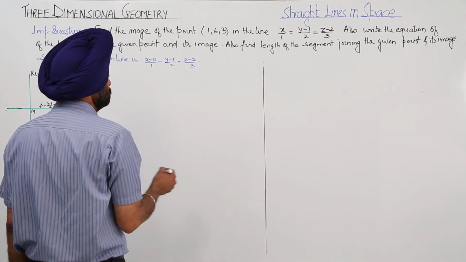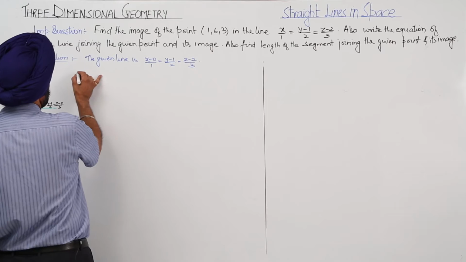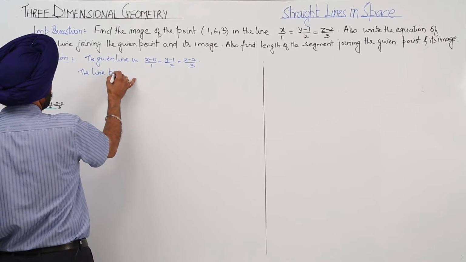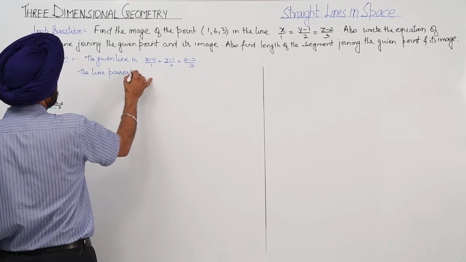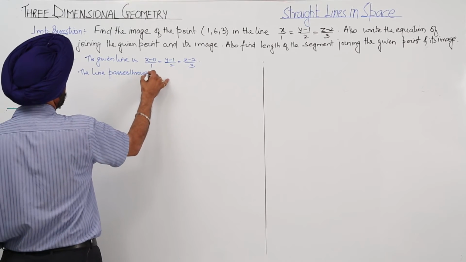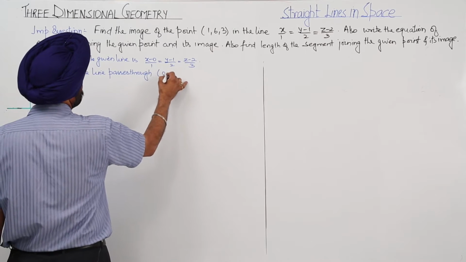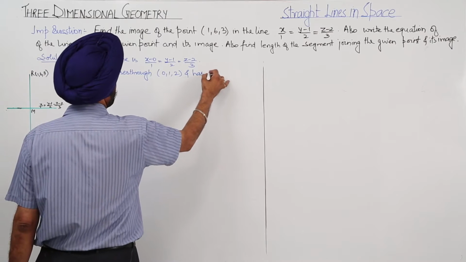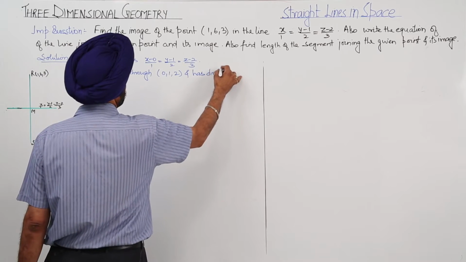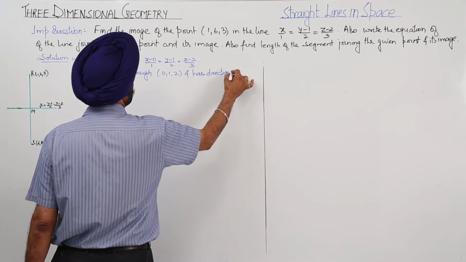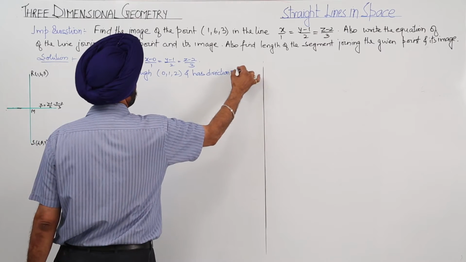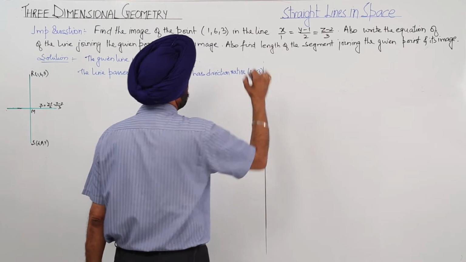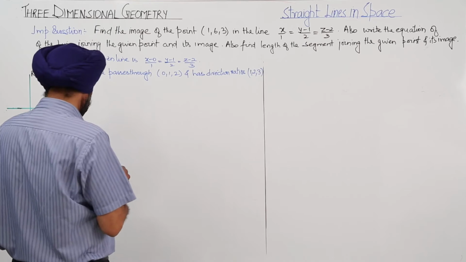Now the line passes through (0, 1, 2) and has direction ratios 1, 2 and 3. Direction ratios 1, 2 and 3.